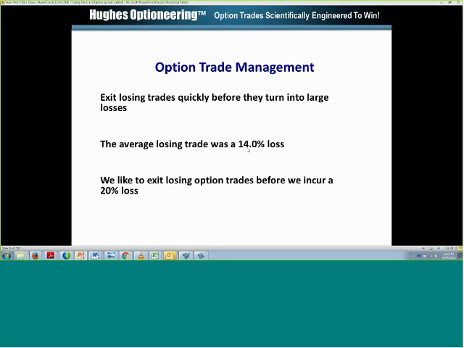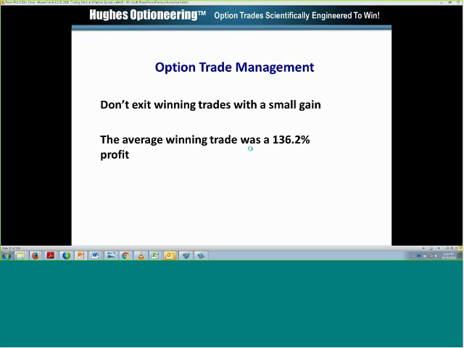And we like to exit our losing option trades before we incur a 20% loss. So in this example, we had an average loss of 14% on our option trades, but our average winning trade was 136%.